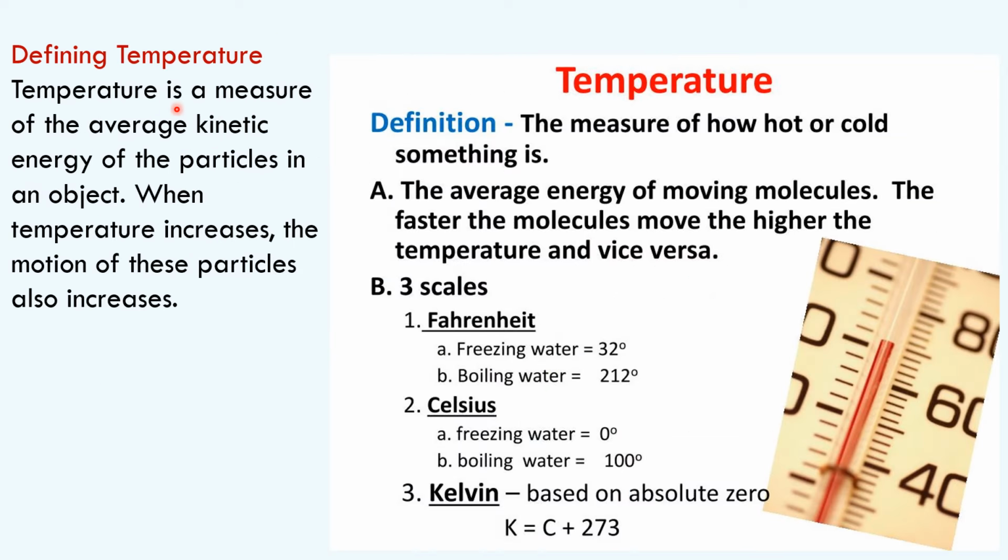Defining temperature. Temperature is a measure of the average kinetic energy of the particles in an object. When temperature increases, the motion of these particles also increases. When the particles get more energy, the speed of the particles, otherwise the kinetic energy of the particles, increases. In simple words, temperature is nothing but the measure of the hotness or coldness of a body or object.